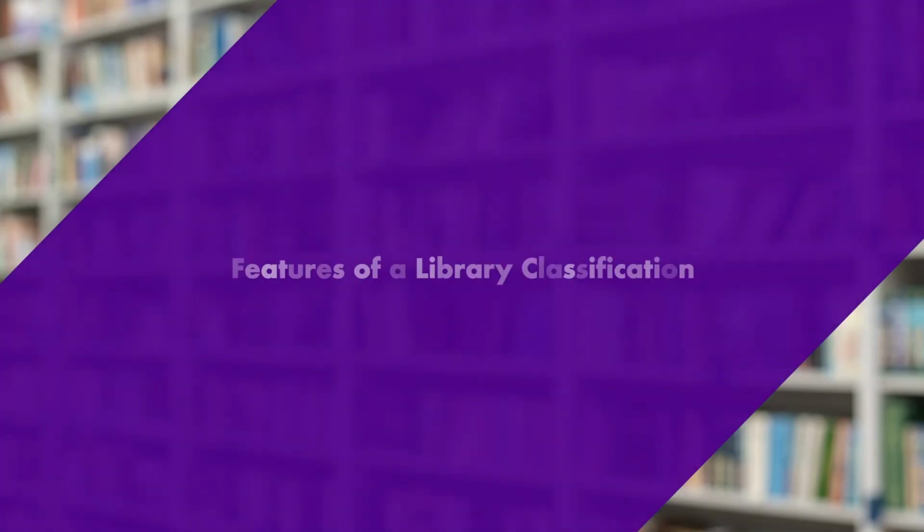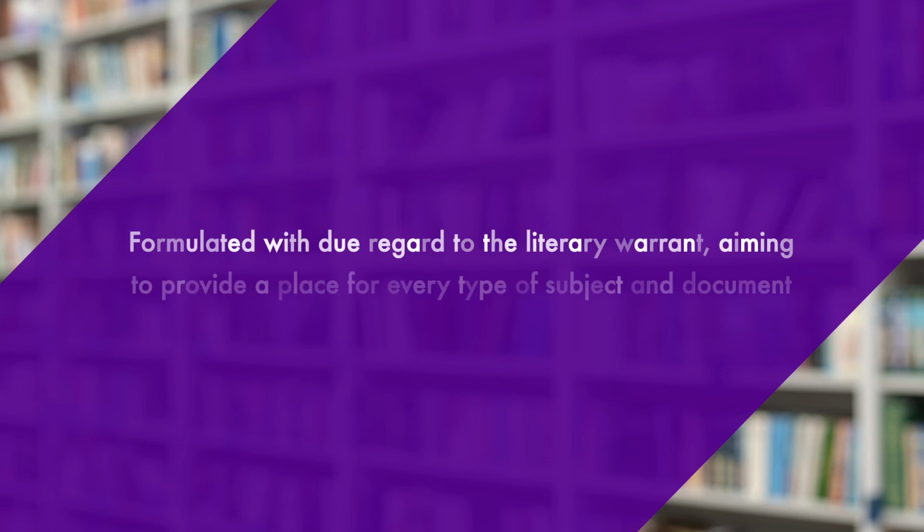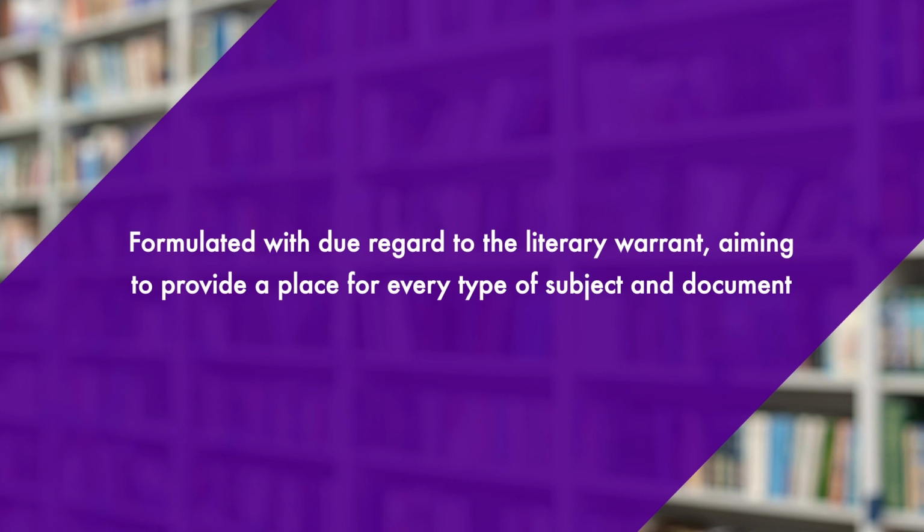Now, talking about the features of library classification. A library classification should have these features: comprehensive, covering the whole field of knowledge as represented in the books, formulated with due regard to the literary warrant, aiming to provide a place for every type of subject and document, and systematic, proceeding from the general to the specific.